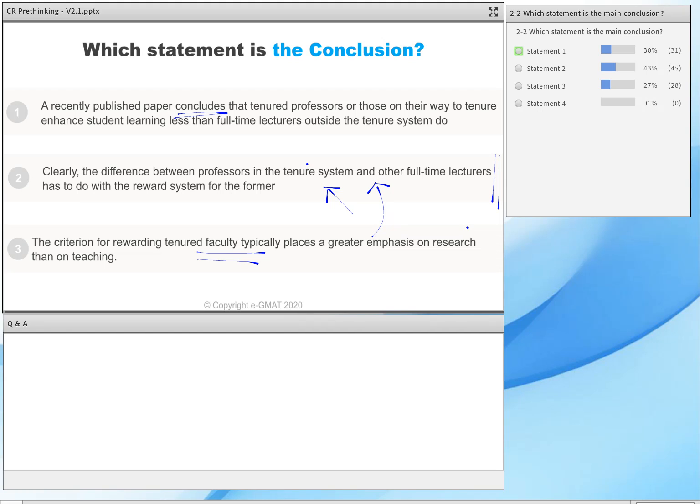Prashant says, so the main conclusion could be in between the statements. Absolutely, yes. Again, the fundamental piece. In 90% of the arguments, the main conclusion is towards the end, but the main conclusion is what the author wants you to believe. And if you go to boldface questions, has anyone over here solved boldface questions? Let me put in a yes, no poll.